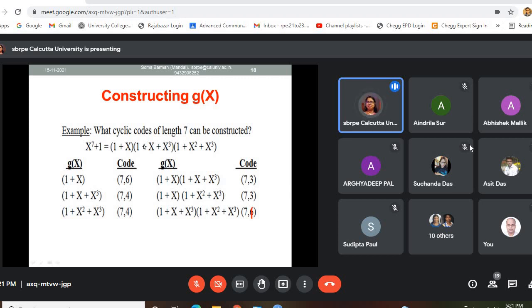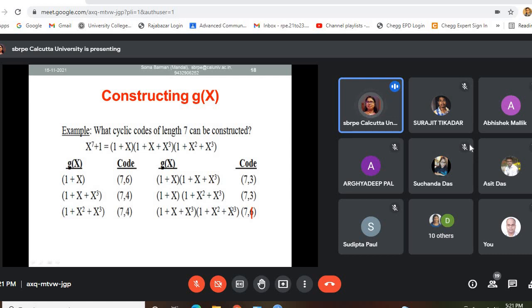Now if I choose these two polynomials as the generator polynomial, constructed this way, (1 plus x cube) into (1 plus x square plus x cube), the highest degree is 6. That means you are adding 6 redundant bits, 6 parity bits, and the code length is 7.